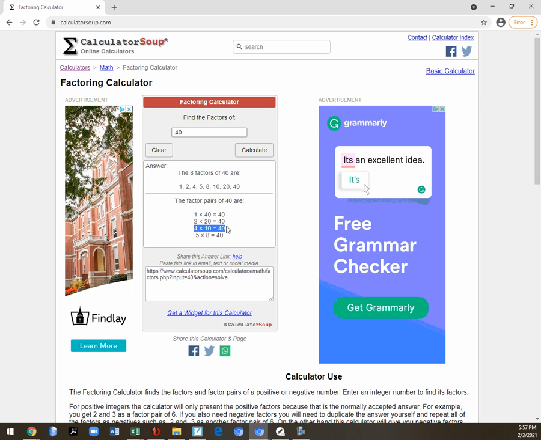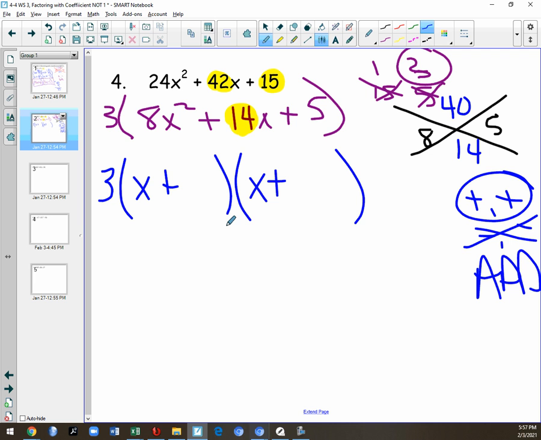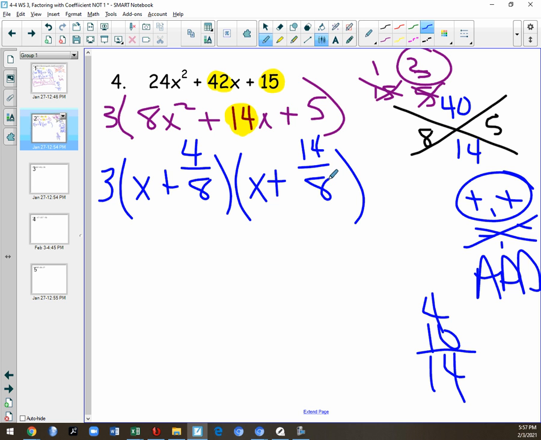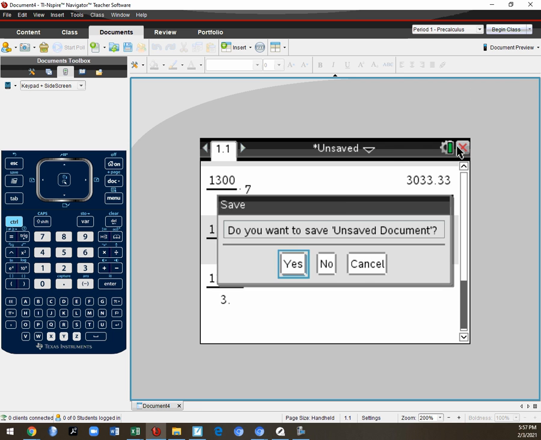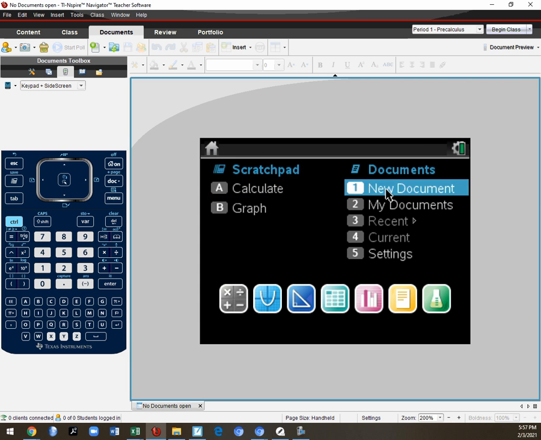Well, how about 4 and 10? 4 and 10 are exactly the factors we should be using. So 4 and 10 will give you 14, so that is going to be 4 over my a value 8, and then 14 over my a value 8. Reduce those in your calculator.